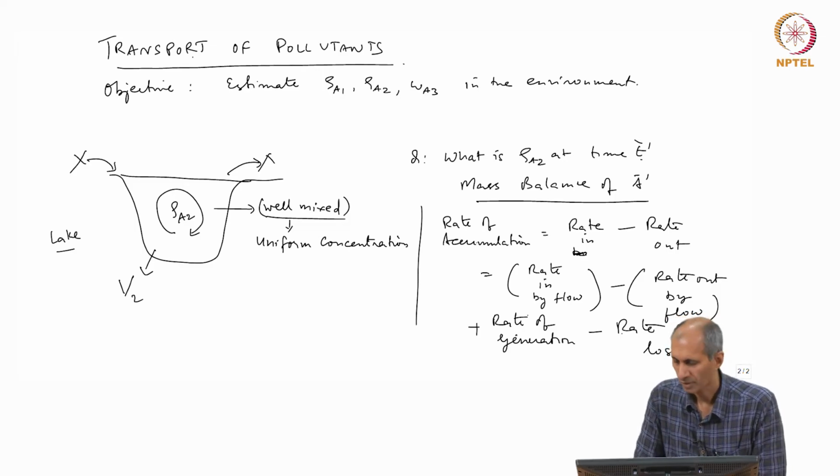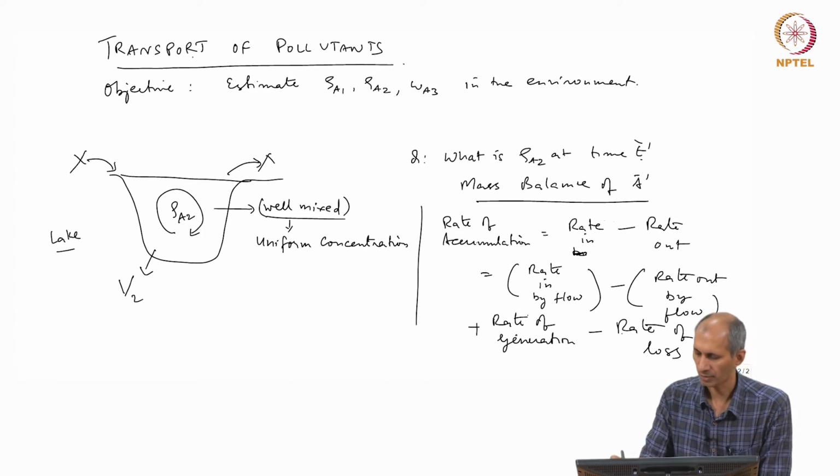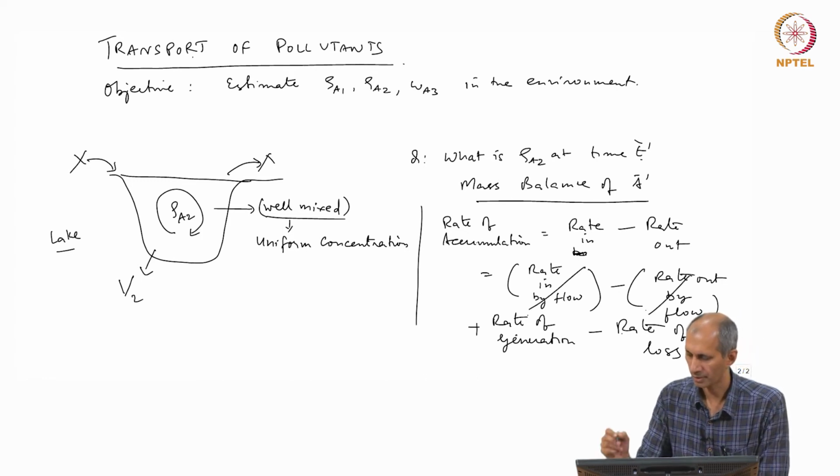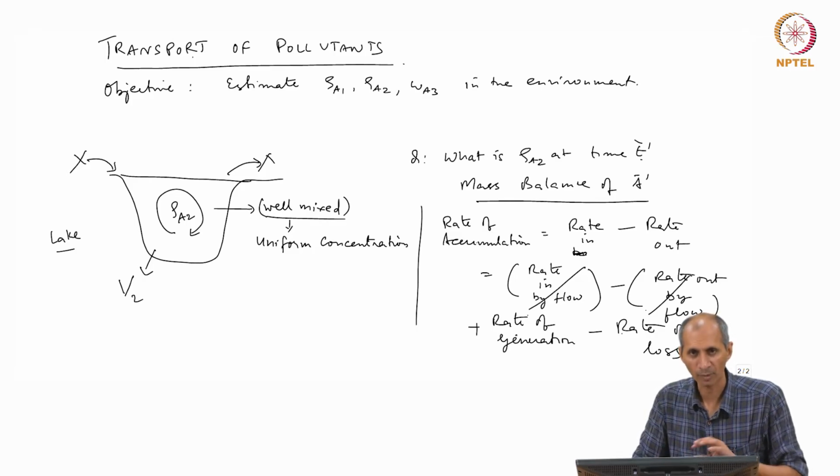So, in this particular lake system, there is no rate in by flow and no rate out by flow, because everything is in the lake under normal conditions.